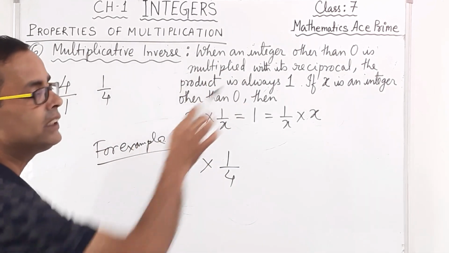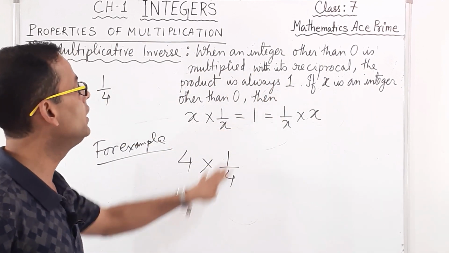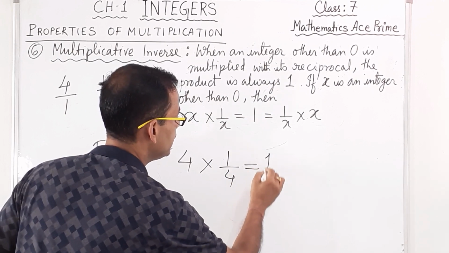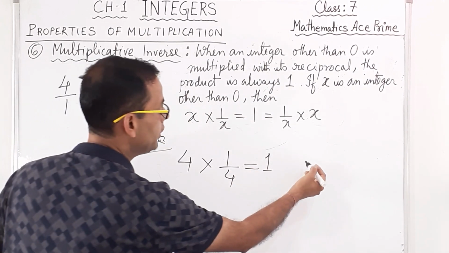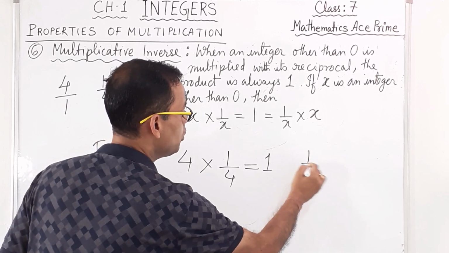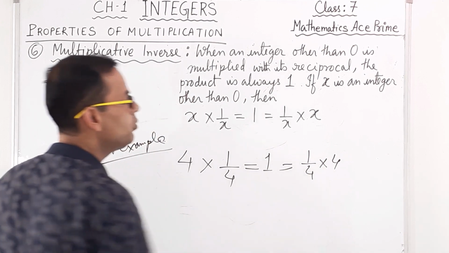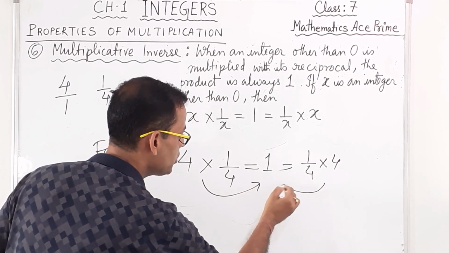And if we multiply, when one integer other than 0 is multiplied with its reciprocal, the product is always 1. The result will be 1 only. Or from this side also, if I do the reciprocal first and then this one, here also it will come 1 only. Clear or no? Either you go this way or this way.